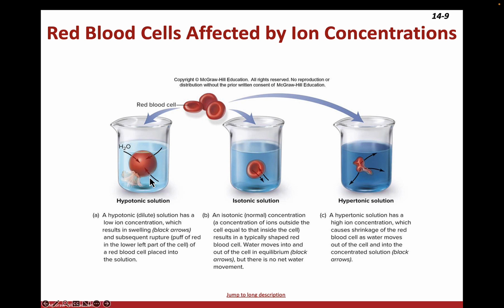If we look at a hypotonic situation, now the solute is located within the cell. So water now will move into the cell, and that cell can only expand so much, and eventually that cell will lyse. The opposite is going to be a hypertonic solution. This is when the solute concentration of the fluid outside the blood cell is greater, so water will leave the blood cell, and now that cell will actually shrivel.